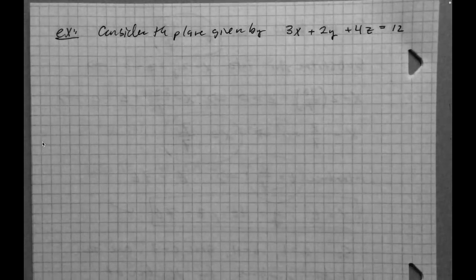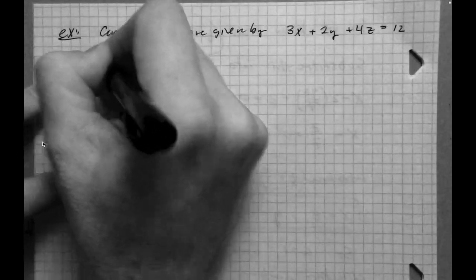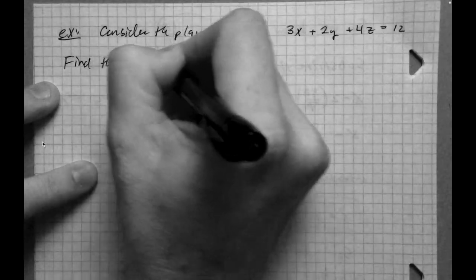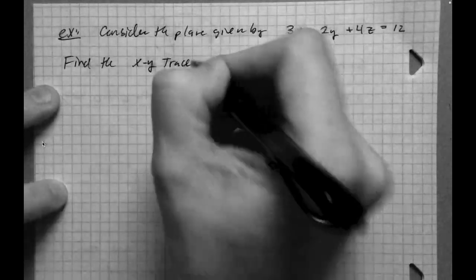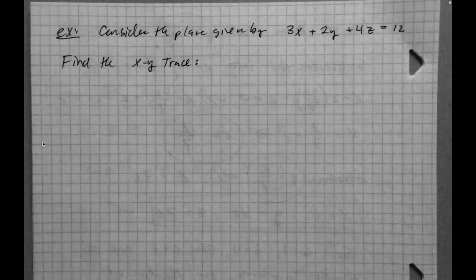Okay. If we want to find the xy trace, the way we do it is you basically just have to set z equal to 0, right?